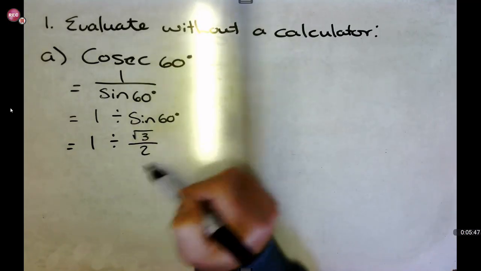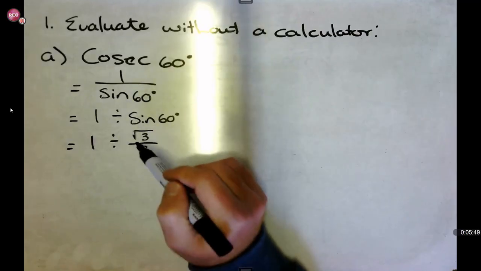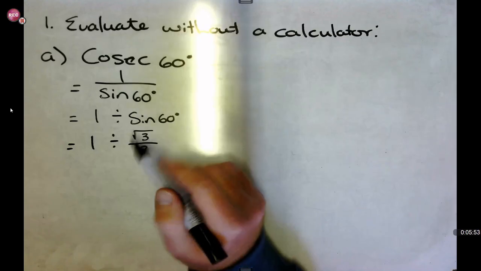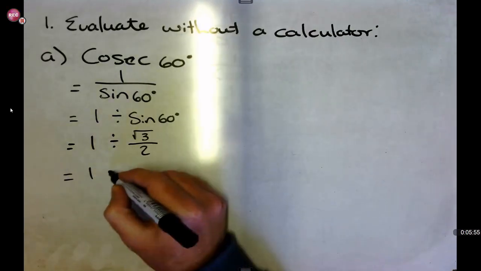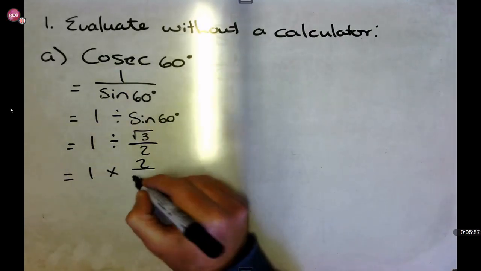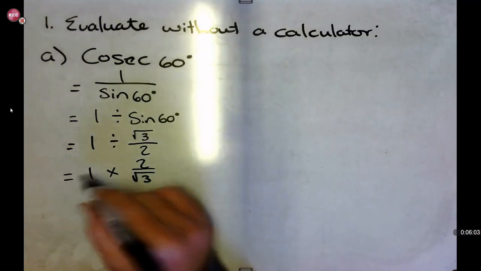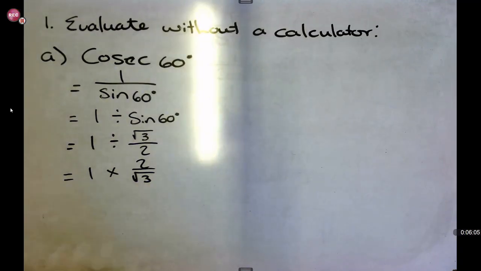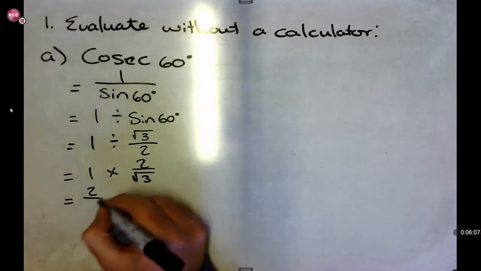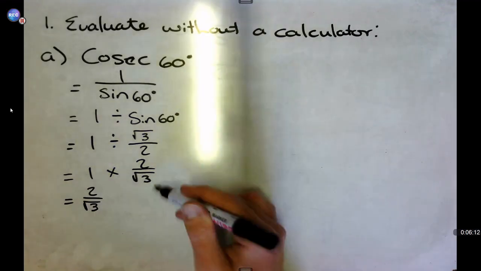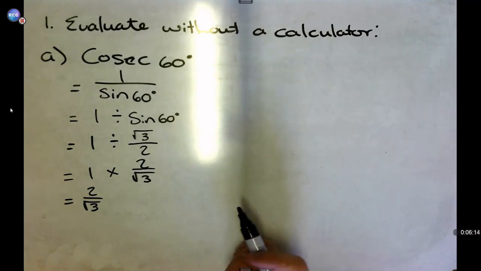Then, after you've written the special angle, you now need to solve this like a normal fraction. So we'll have 1 times 2 over the square root of 3, because you'll do tip and times. Then when you multiply, you'll find that the final answer is 2 over the square root of 3. 1 times 2 is 2, 1 times the square root of 3 stays the square root of 3, and there's your final answer.